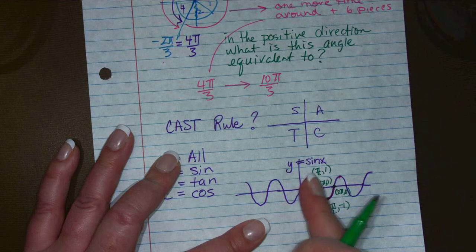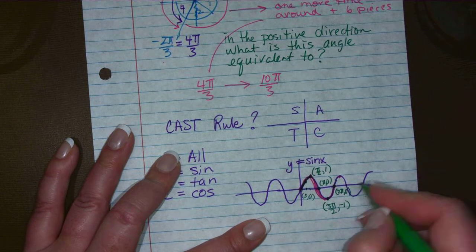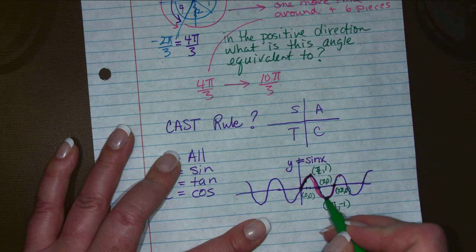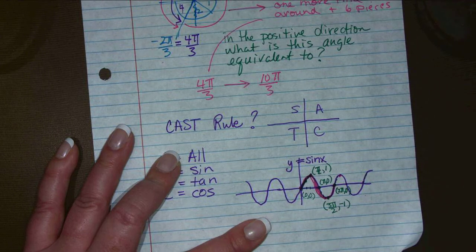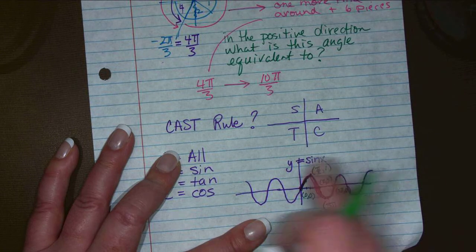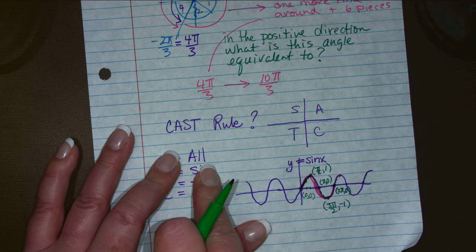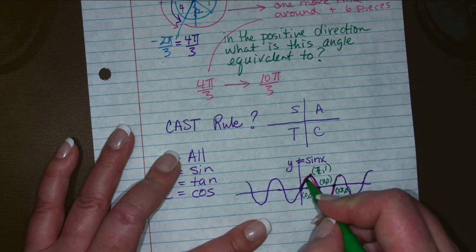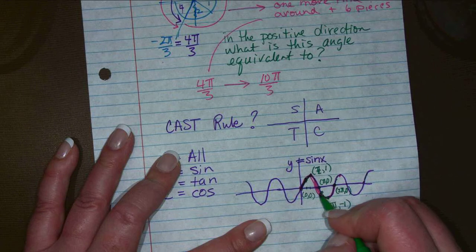And they repeat again over here. And they repeat again over here. These values below are the same number, but the opposite sign. And that's the CAST rule. It's telling us where we're landing on this graph. All we need to look at is the angle itself in the CAST rule to determine whether that value is up here positive or if it's down on one of these lower ones and is negative.